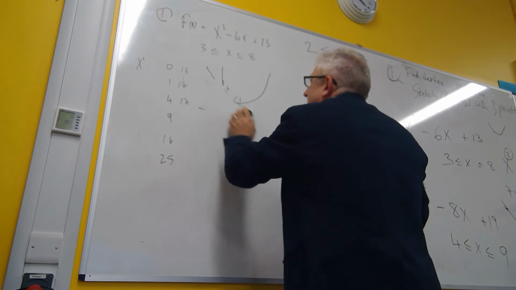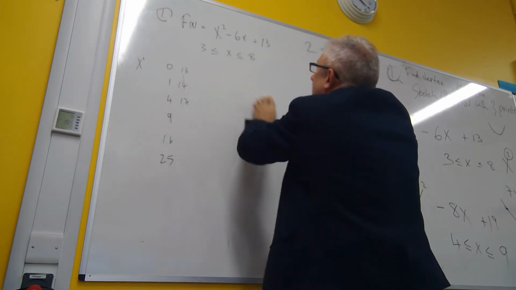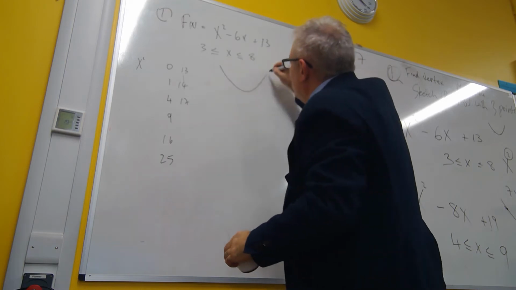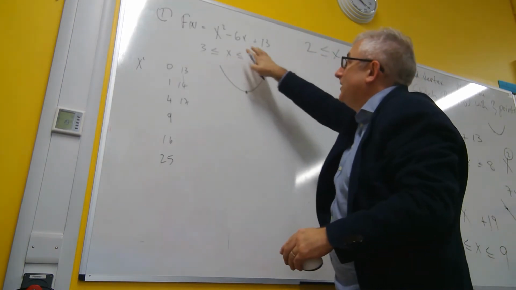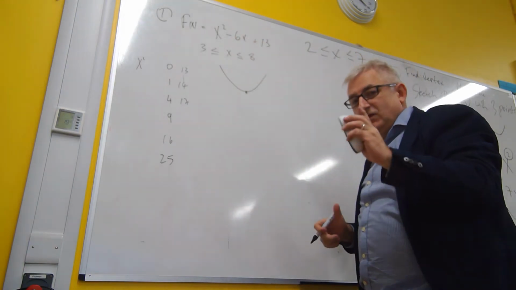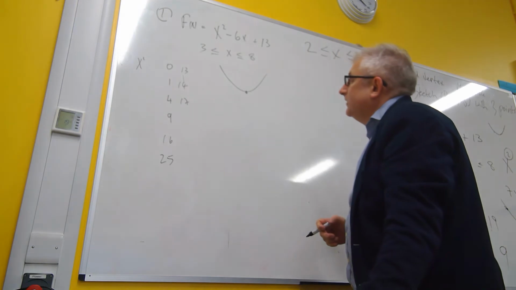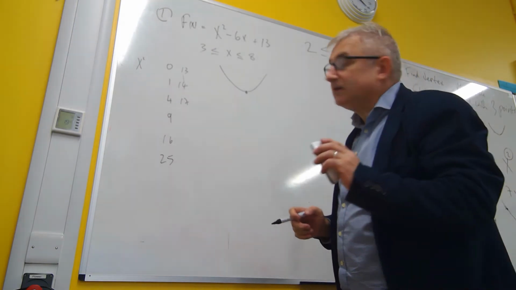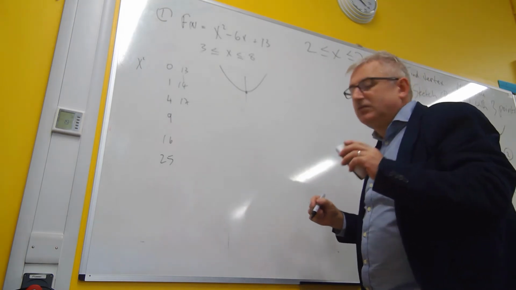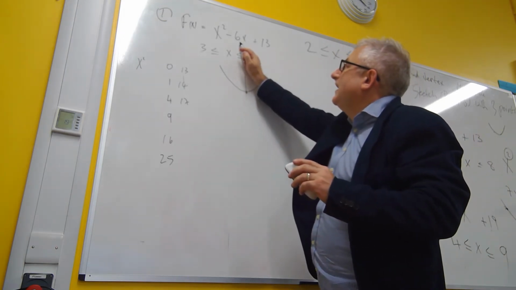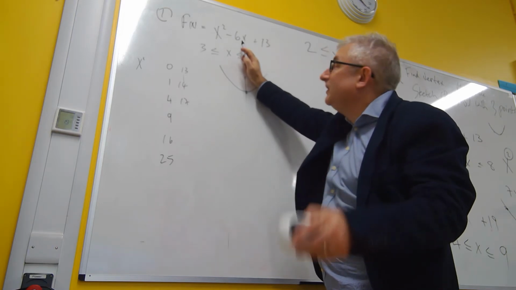So our main goal, at the very beginning, the first thing we're trying to do is find this sweet spot, this vertex of this parabola. If we know that, everything else falls into place really quickly. The easy way to get it is to find the x value first. It's easy to do. Take half of the 6, now you can say change the sign and half, or you can say half and change the sign.